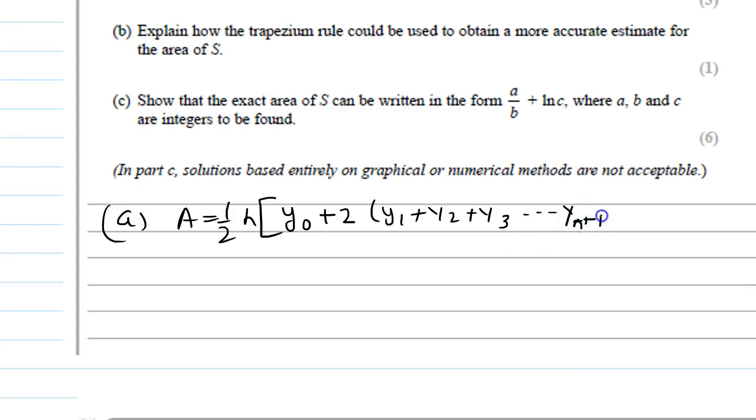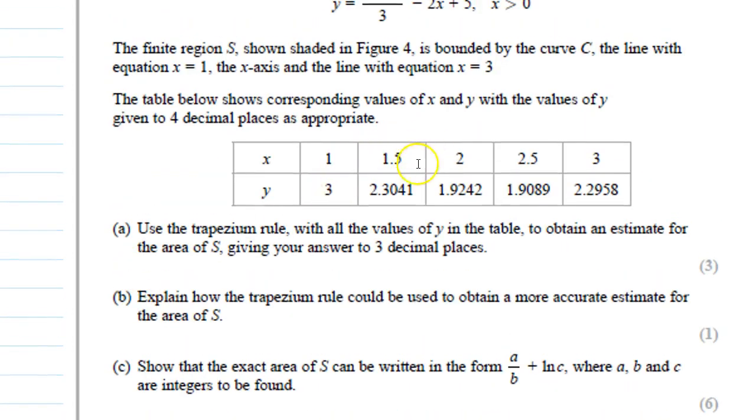This is the trapezium rule. So what is h here? The difference of 1.5 and 1 is 0.5, so h is 0.5.